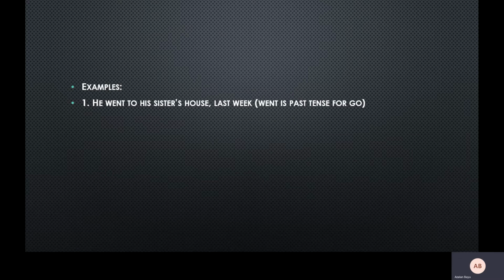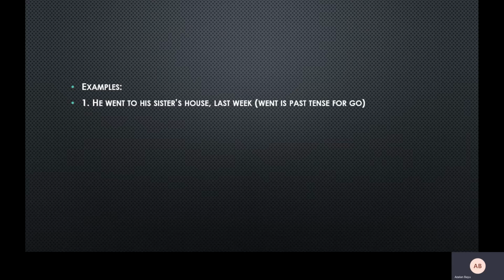Went is the past tense of go. This is an irregular verb because we don't say he goed. Even though the present form is go, you don't add d or ed, but you totally change it to went.